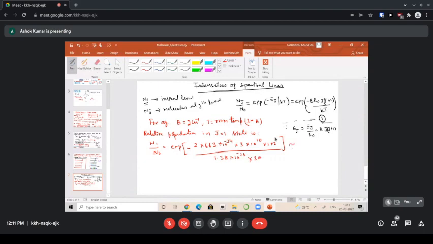Its value is nearly exponential of minus 0.019.